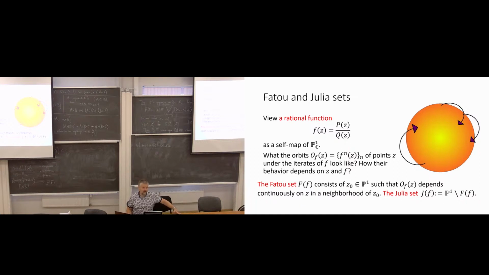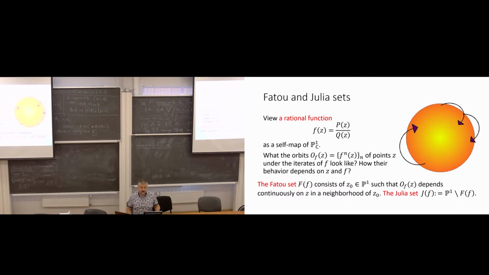You have very well understood and explicitly described dynamics on the Fatou set. This is not at all trivial, but in principle, this question is completely solved. In principle, people know everything about dynamics on the Fatou set, but the dynamics on the Julia set is a much more complicated matter.